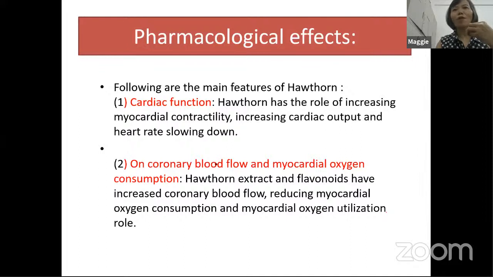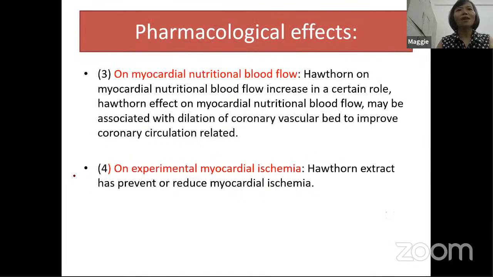Hawthorn extract and flavonoids increase coronary blood flow, reducing myocardial oxygen consumption and improving myocardial oxygen utilization rate. 3, on myocardial nutritional blood flow.